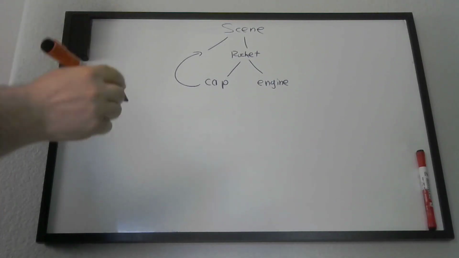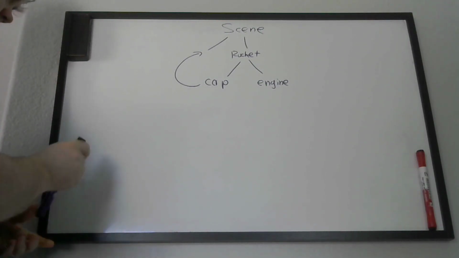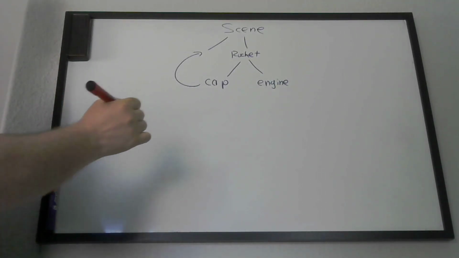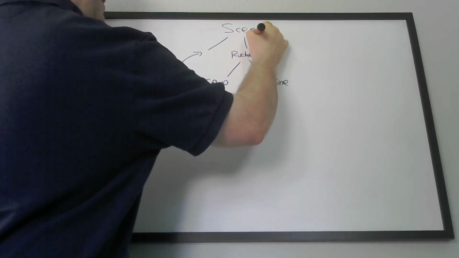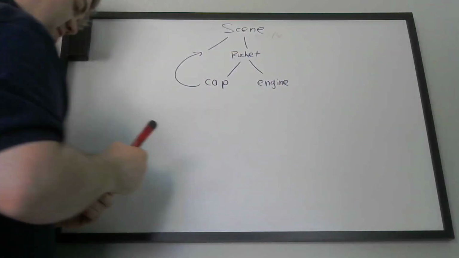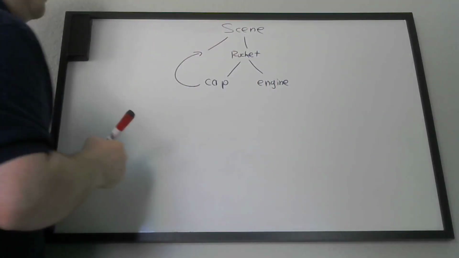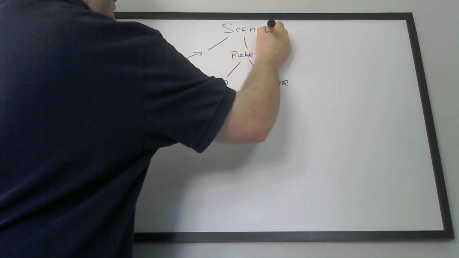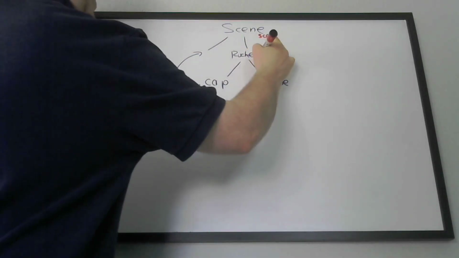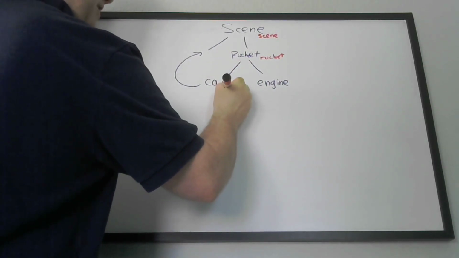So what that means is if scene has a type, I have rocket as the type here. Obviously this will be cap as the type.